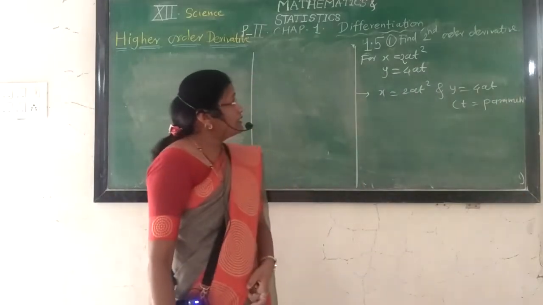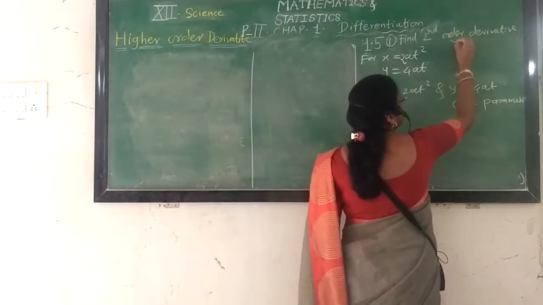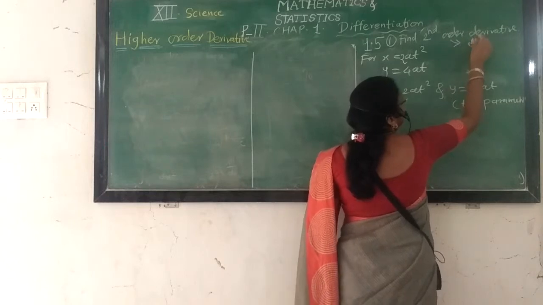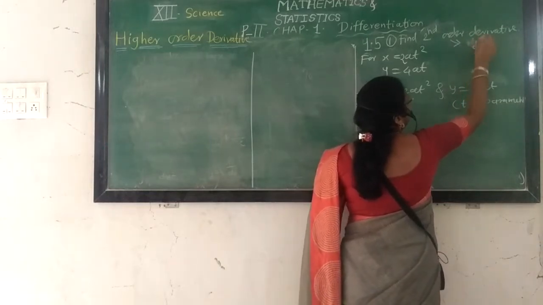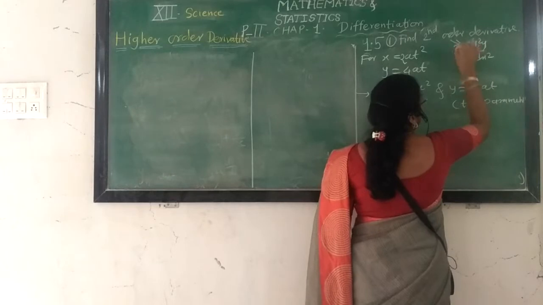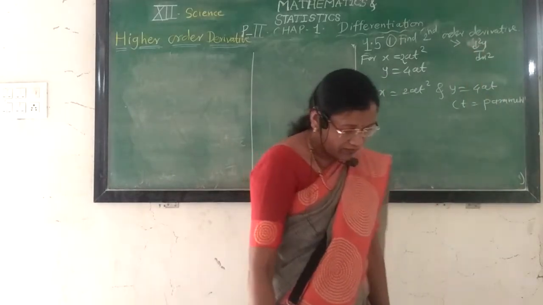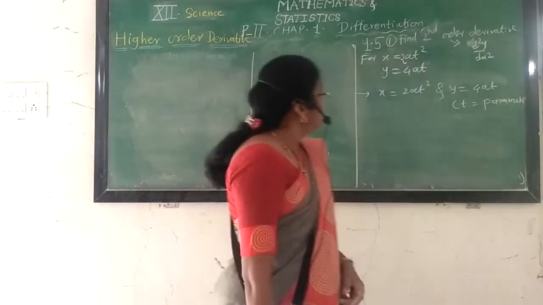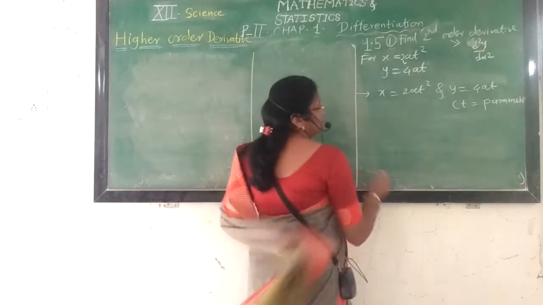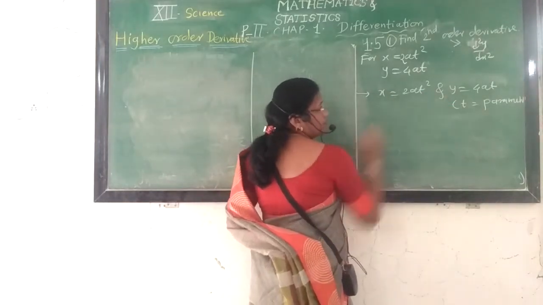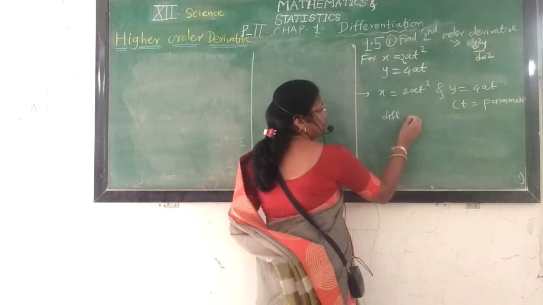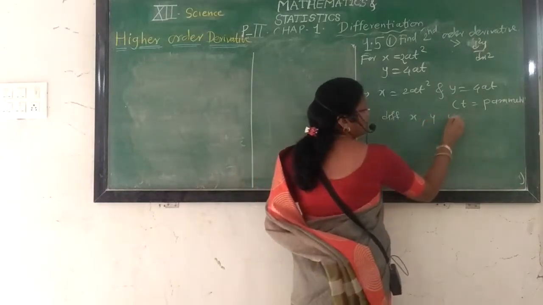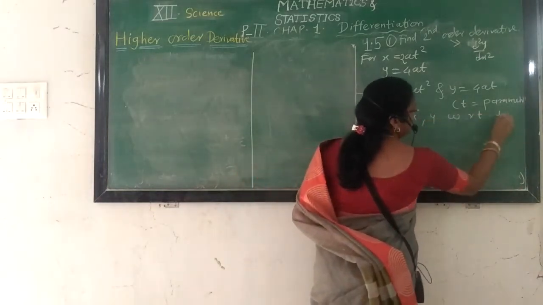So we have to find the second order derivative, means we find d2y by dx square. For this case, where x is given, y is given. So x and y are functions of t, so differentiate x and y with respect to t.